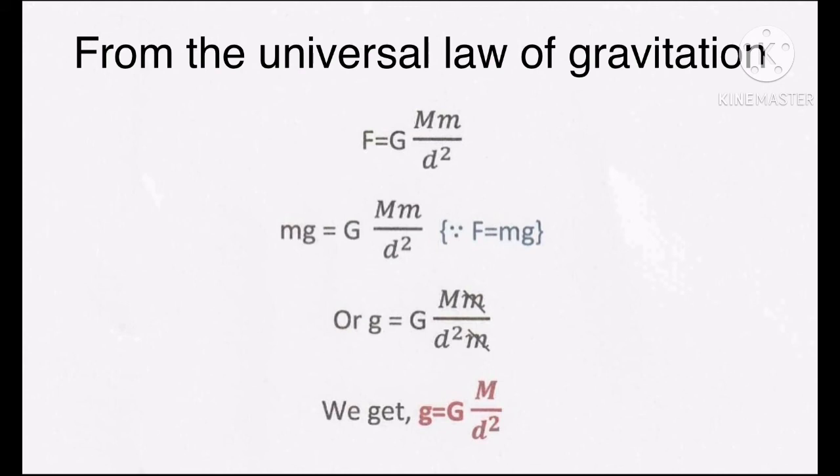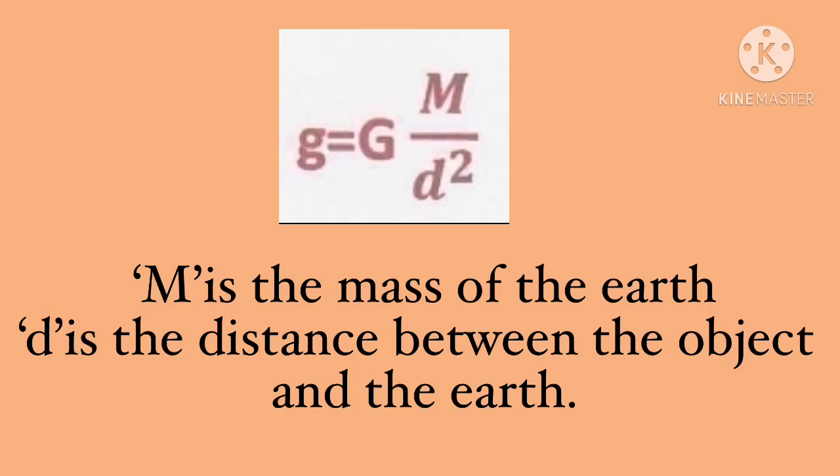Here m and m cancel, so we get acceleration due to gravity g equals G M by d square. Here M is the mass of the earth, d is the distance between the object and the earth.